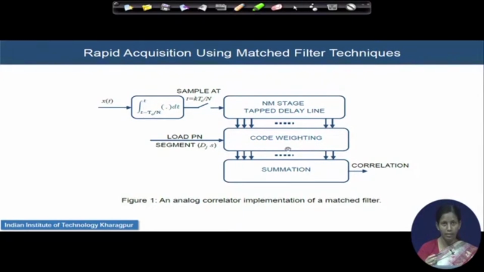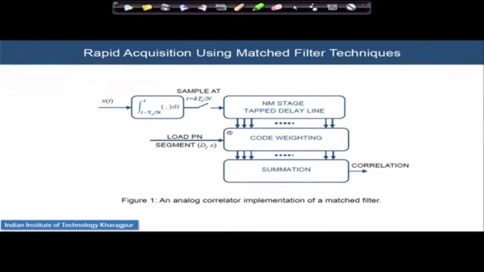You have seen there D1 to D capital M, and here instead of capital M we will have capital N into capital M number of weights as well as taps, and we will be changing the values of them, and after summation the correlation output will come up. So that was the structure of the match filter there, and it is sampling at kTc by N.